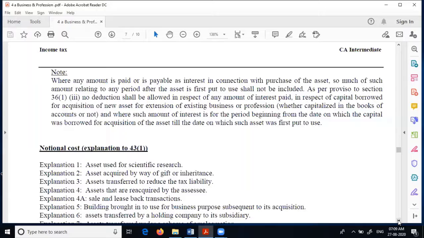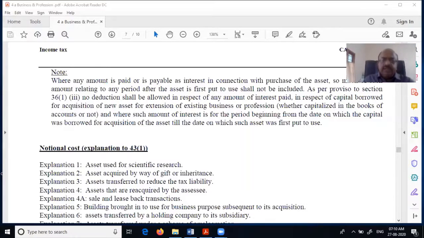Don't look at it that way. This is primarily for the purpose of business. You are installing a plant and machinery, and you have taken a loan. Till the date of putting it to use, the interest is not supposed to be charged to P&L. Though you have a P&L because you are a running business, you should not be charging that to your P&L account.